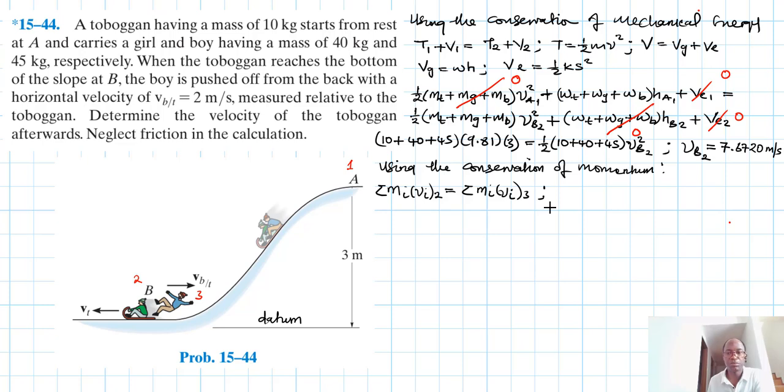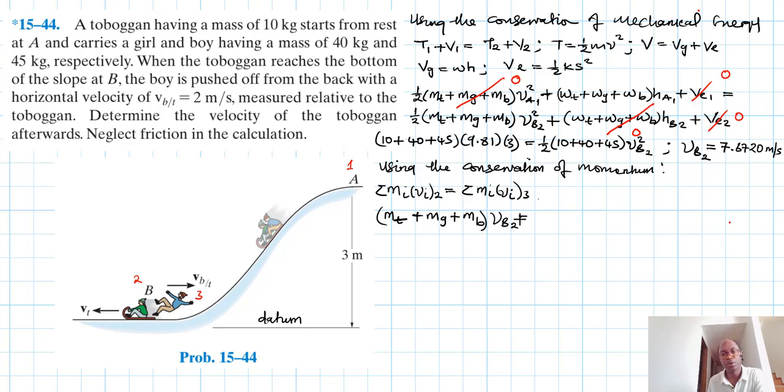In this particular state, before the boy is pushed off, we have 10 plus 40 plus 45. I can write the whole equation: MT plus MG for girl plus MB for boy, and then VB2.